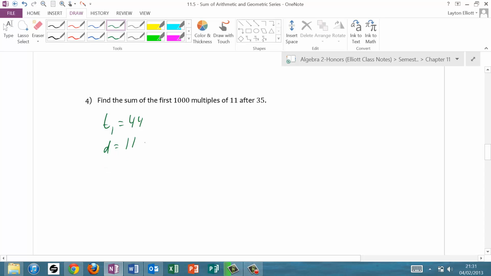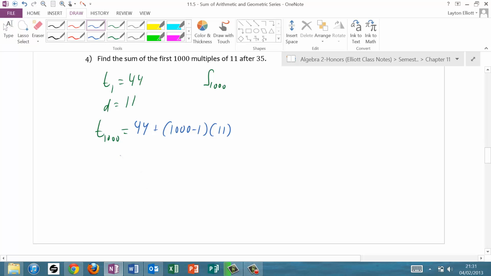And I want n of 100 or 1,000, so I'm actually looking for S of 1,000, which means I'm looking for T of 1,000. Well, T of 1,000 is equal to T of 1 plus 1,000 minus 1 times the common difference, which is 11. Okay, simplifying this in my head, I'm actually going to use the distributive property here.